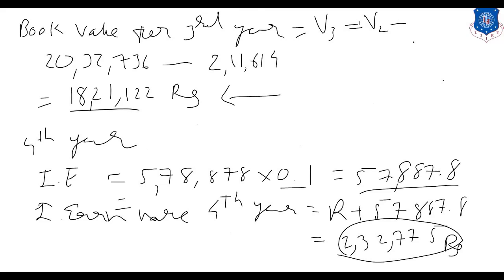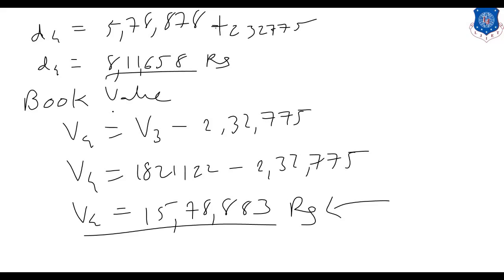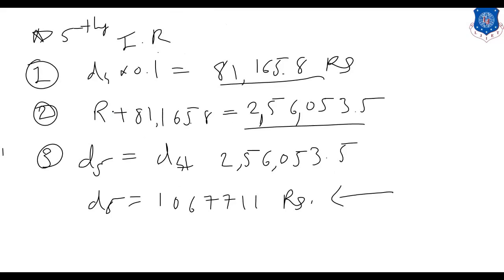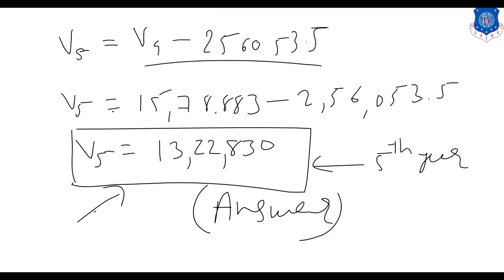After the 3rd year, it becomes 18 lakhs 21,122. After the 4th year, the book value becomes 15 lakhs 78,883, and after the 5th year, the value becomes 13 lakhs 22,830. So it becomes our final answer.